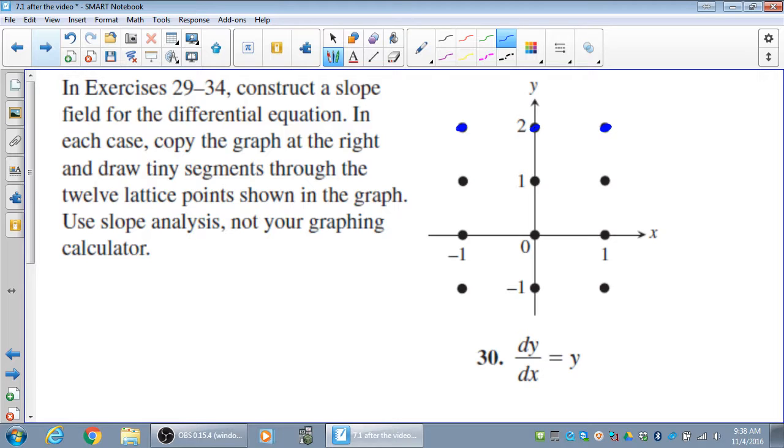That means the slope on all of these is 2. We make little tangent lines. Then along where y is 1, all of the slopes are not quite as steep as the ones we just wrote. Then down at 0, where y is 0, all the slopes are going to be 0. And then down here at negative 1, all the slopes are negative 1.